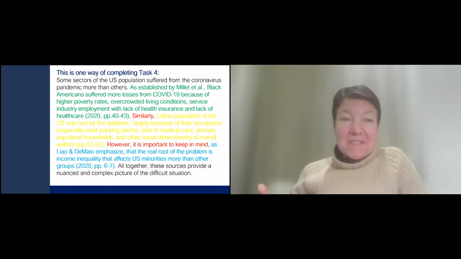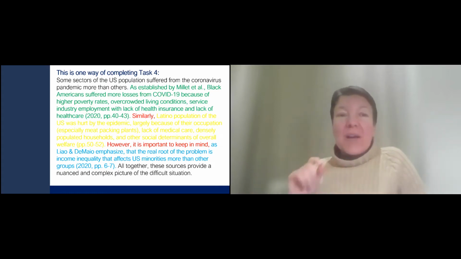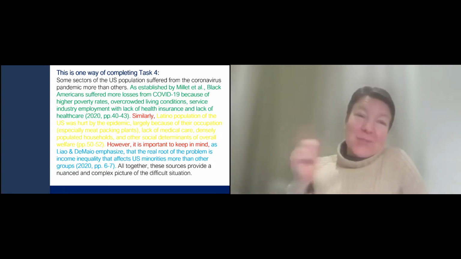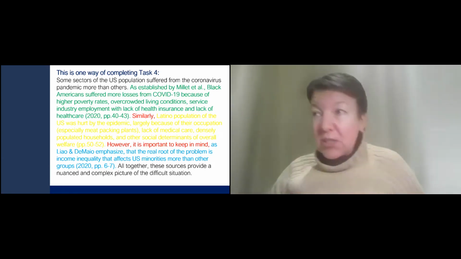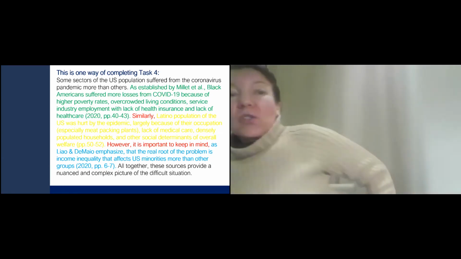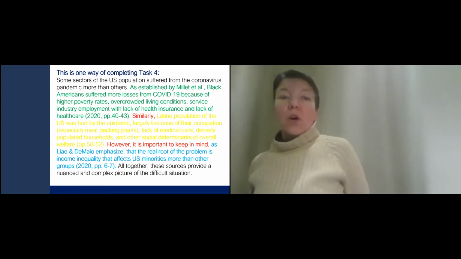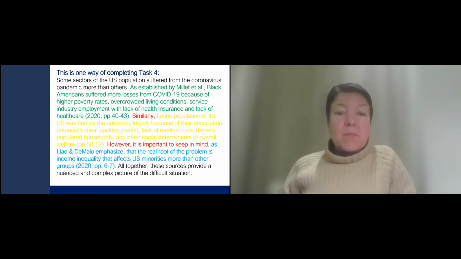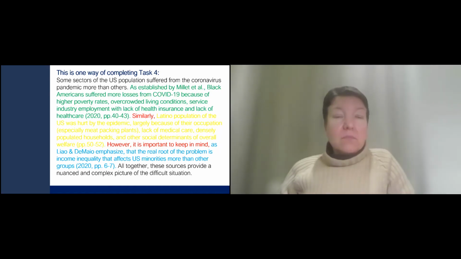So my concluding sentence is not as good as what you suggested, because you suggested discussing income inequality as the real problem of all of the health issues that people suffer. So we could definitely expand this and discuss it some more.